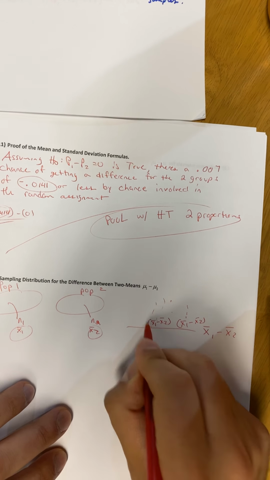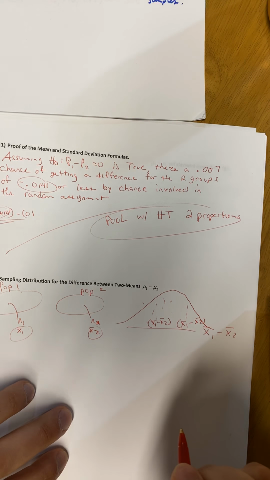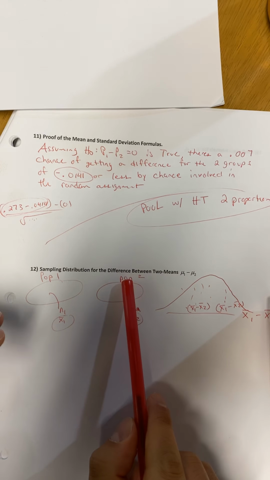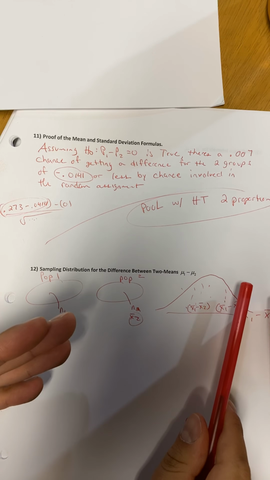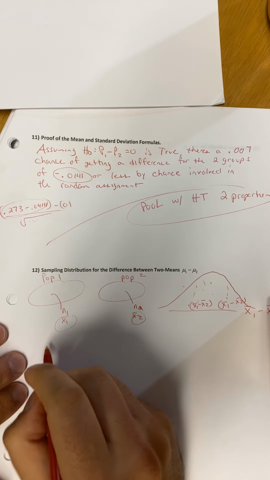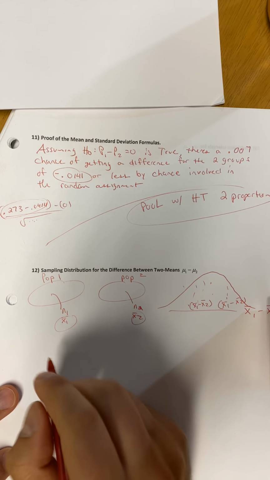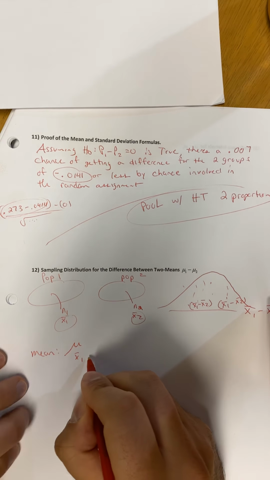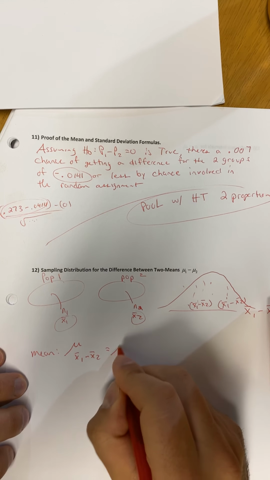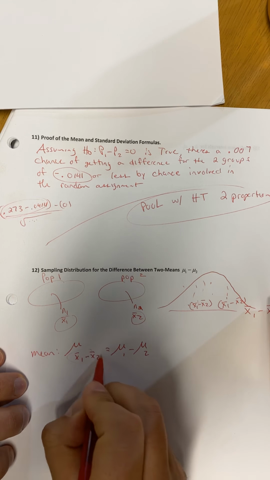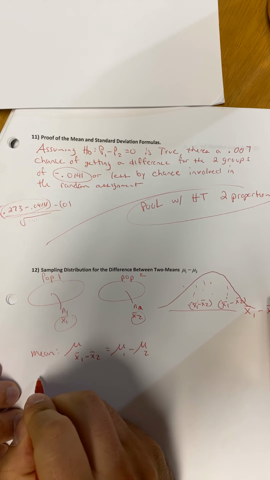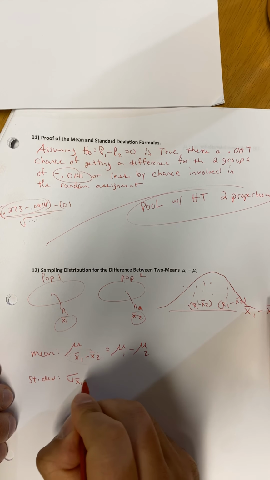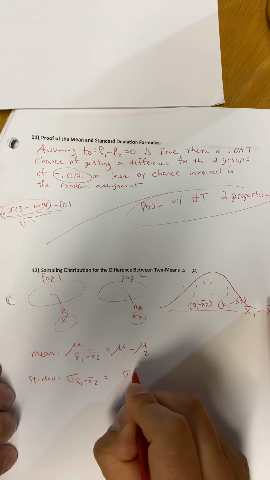So we're going to have all these results, and it ends up being either normal or approximately normal, depending on if the populations are normal or not, and the n is greater than 30 for those. So, all right, the mean of all of these is just mu1 minus mu2, because this statistic is an unbiased estimator. So the standard deviation is this.